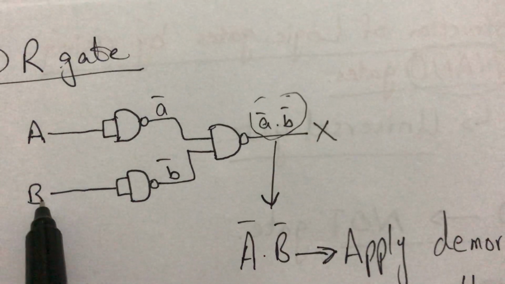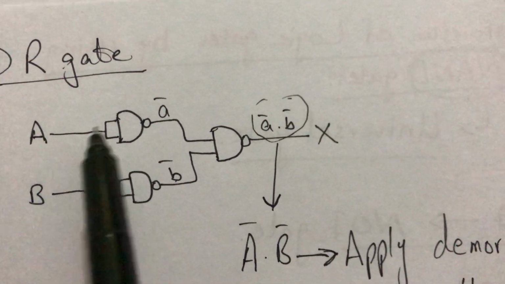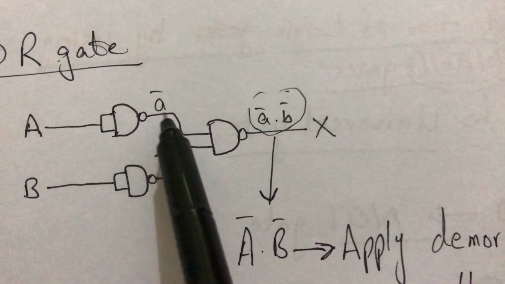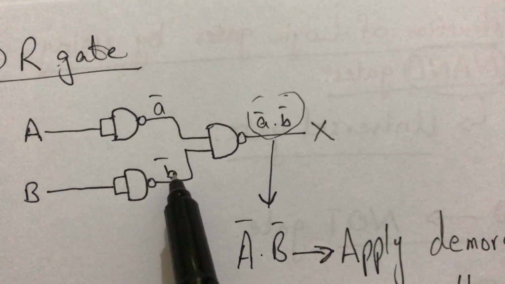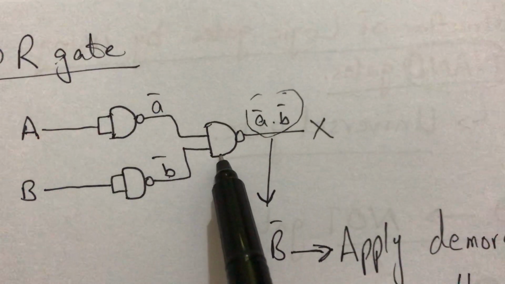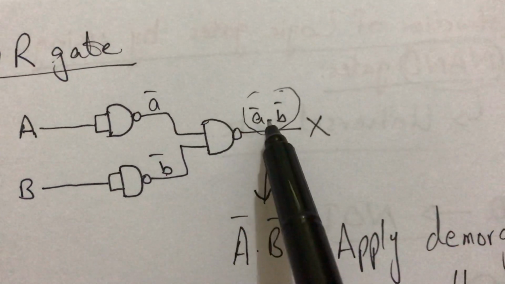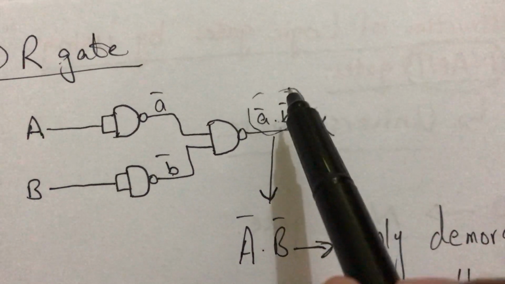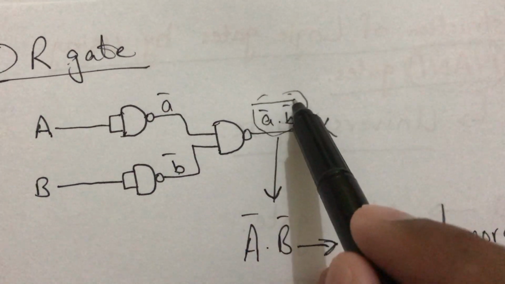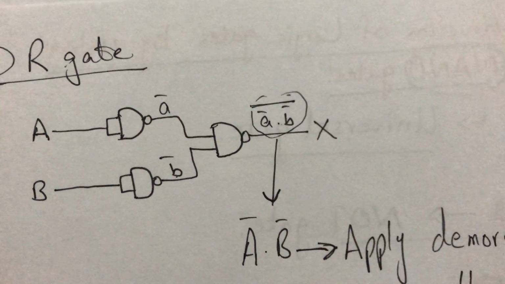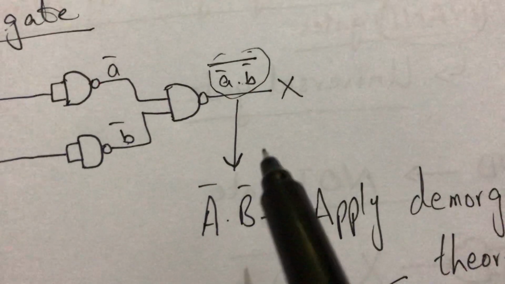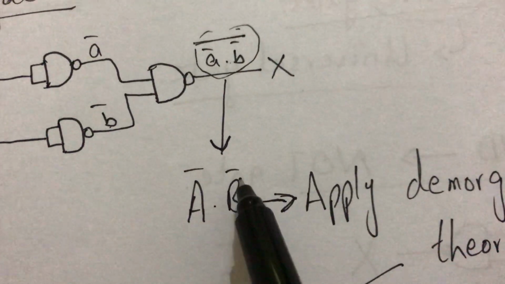A bar, B bar: A bar is the output for A, B bar is the output for B. These both outputs will be the inputs for this NAND gate. Over here, (A bar dot B bar) whole bar will be the output of this NAND gate.